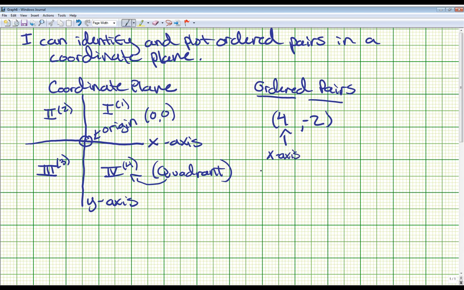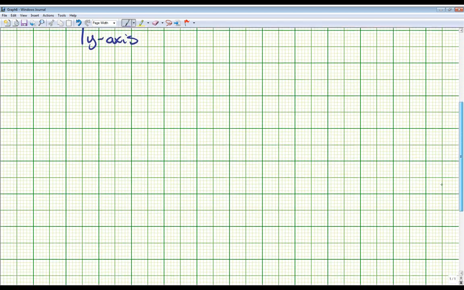So that's what you do from right to left. And then the second number here represents what we do on the y-axis, and that's going up or down, depending on the number. So that's kind of our vocabulary for today's lesson. Now we can get to our examples.